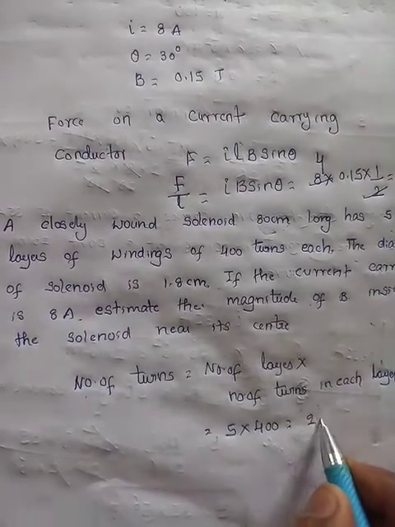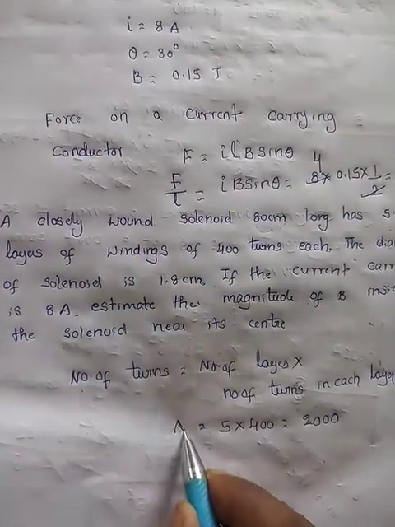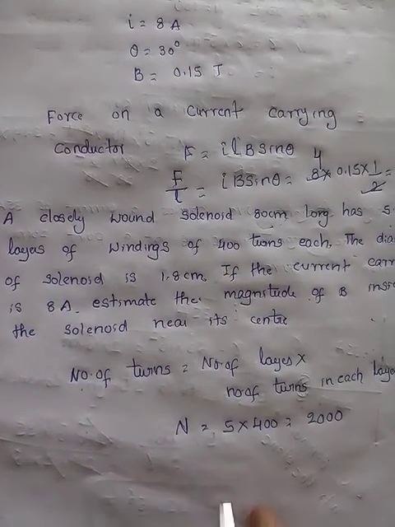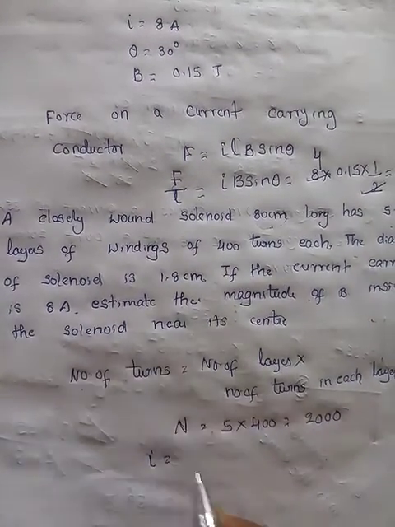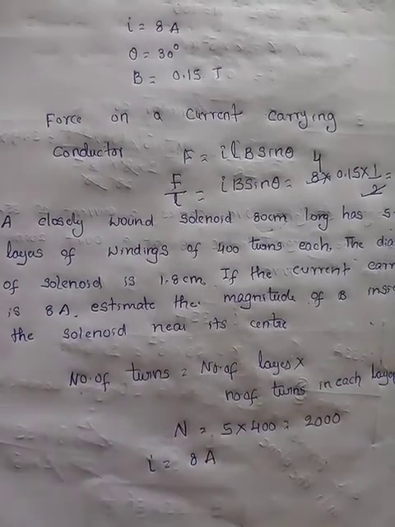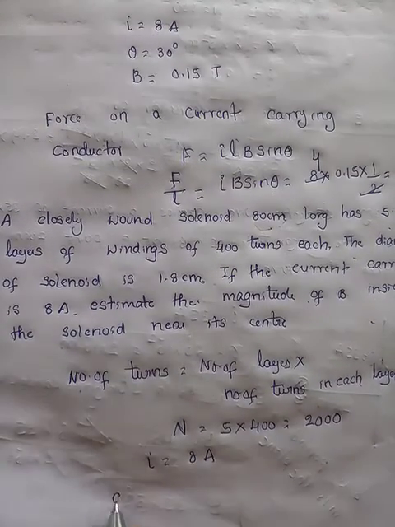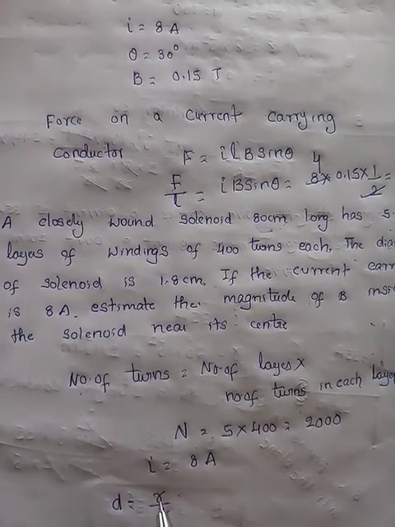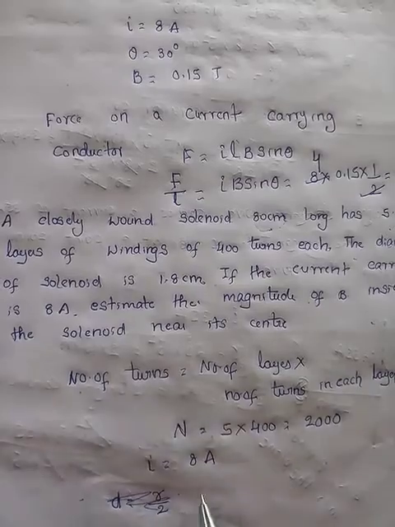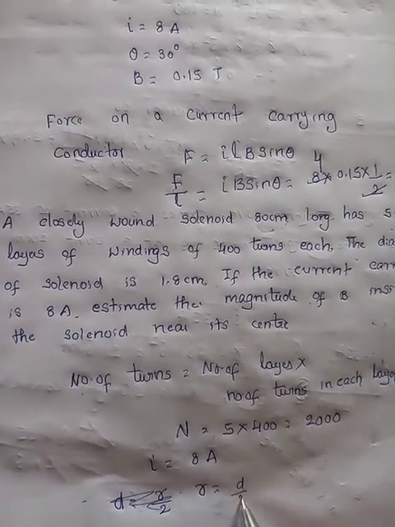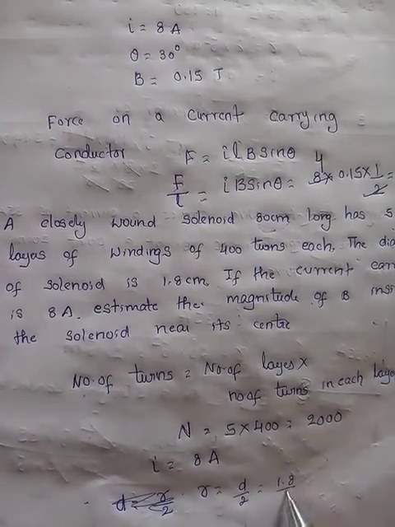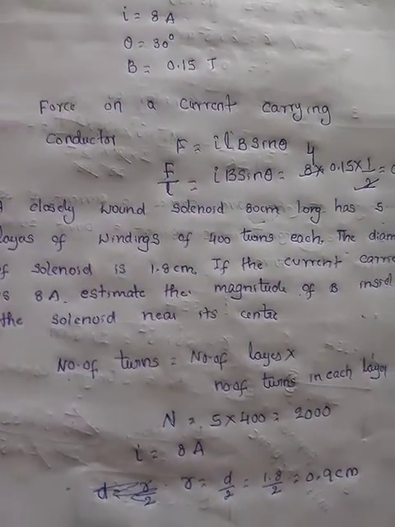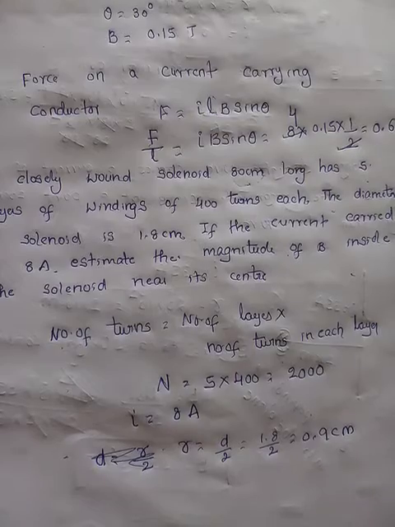So the number of turns is 2000, the total number of turns present in the solenoid. Next, how much current is carrying here? I is equal to 8 amperes. Radius is equal to diameter by 2, that is 1.8 by 2, which gives 0.9 centimeters. To confuse us, they have given this, but there is no need of diameter.